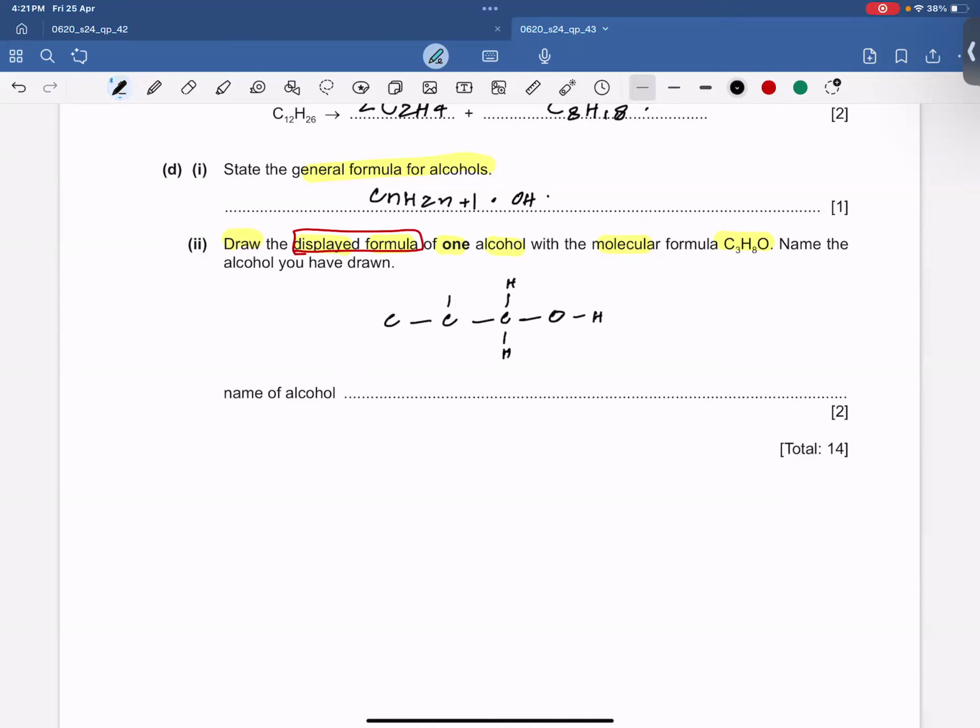This is CH3, CH2, CH2, OH. How many carbon atoms? 1, 2, 3. Carbon satisfied. Total hydrogen 1, 2, 3, 4, 5, 6, 7. This one is 8. Hydrogen satisfied. Only one oxygen. Oxygen satisfied. So its name is propan-1-ol. Propan-1-ol, also called 1-propanol. We have done that in class, okay? Or just propanol.